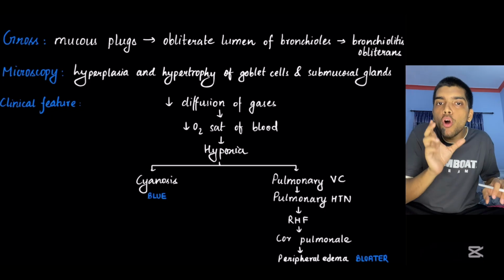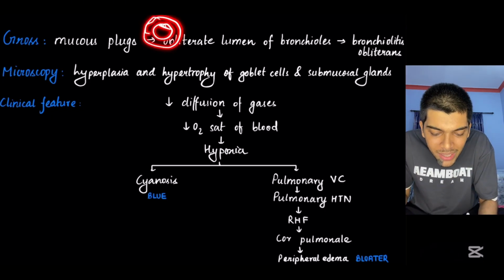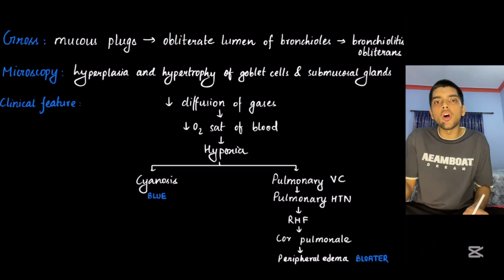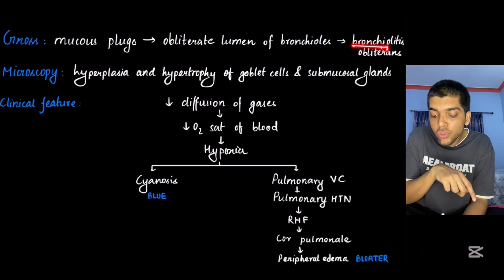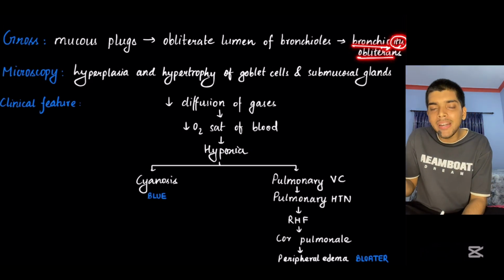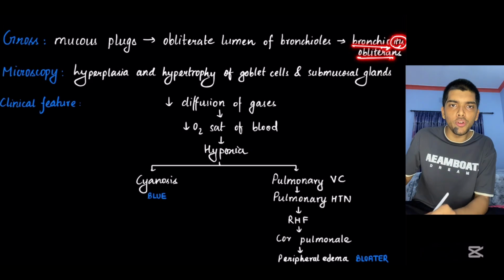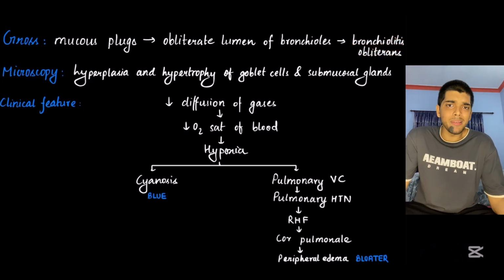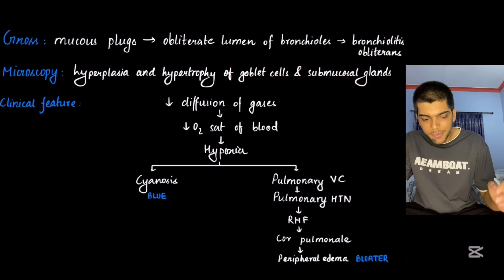The lumen of the bronchiole gets completely obliterated, and this is called bronchiolitis obliterans. Bronchiole, because the bronchiole is affected. Itis, because there is inflammation. Obliterans, because there is complete covering of the lumen or the obliteration of the lumen. Microscopy, the same thing. Hyperplasia and hypertrophy of goblet cells and submucosal glands.